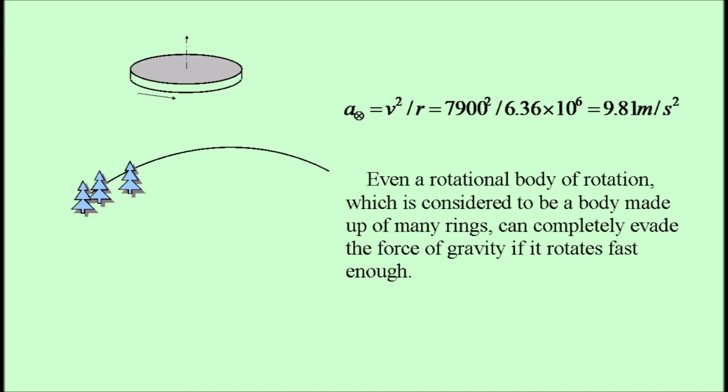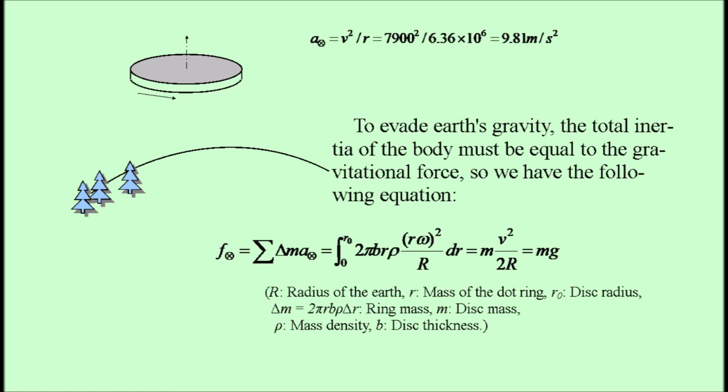Even a rotational body of rotation, which is considered to be a body made up of many rings, can completely evade the force of gravity if it rotates fast enough. To evade Earth's gravity, the total inertia of the body must be equal to the gravitational force, so we have the following equation.